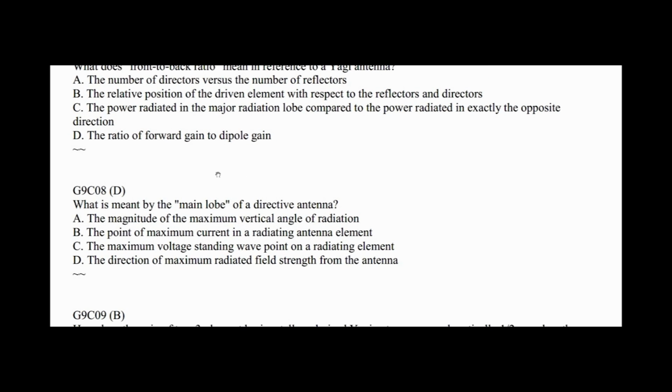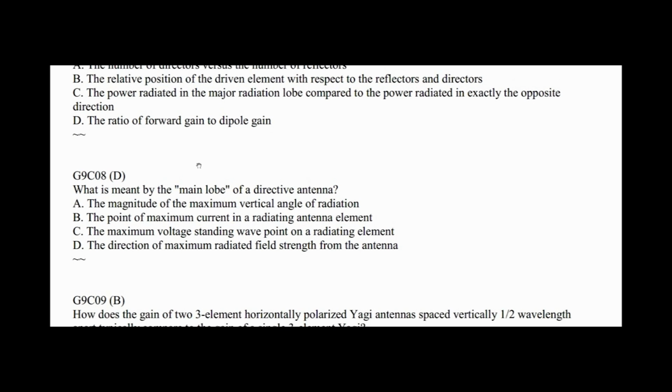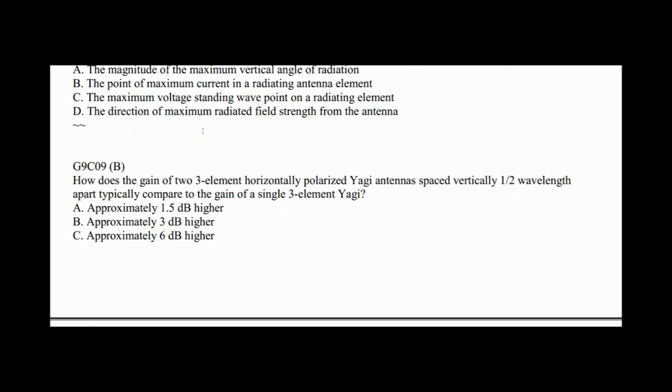G9C08, what is meant by the main lobe? That's the lobe at the front of the antenna. And so it's D, the direction of maximum radiated field strength of the antenna. G9C09, how does the gain of two 3-element horizontally polarized Yagis spaced half a wavelength apart compare to a single 3-element Yagi?